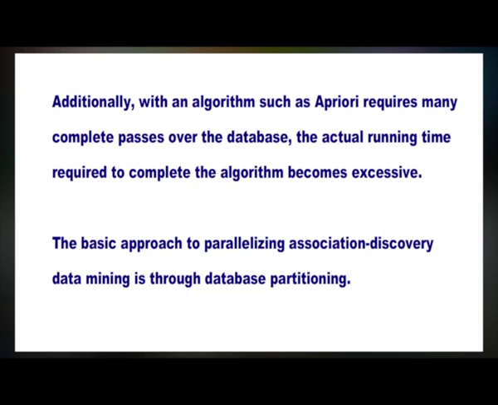Additionally, an algorithm such as Apriori requires many complete passes over the database, so the actual running time required to complete the algorithm becomes excessive, and we need to keep this in mind when we run such algorithms. The basic approach to parallelizing association discovery data mining is through database partitioning.